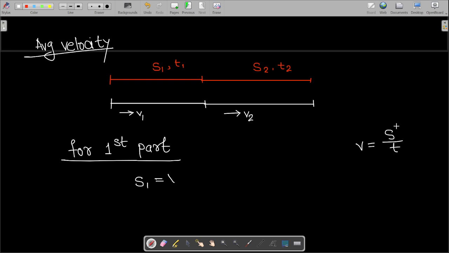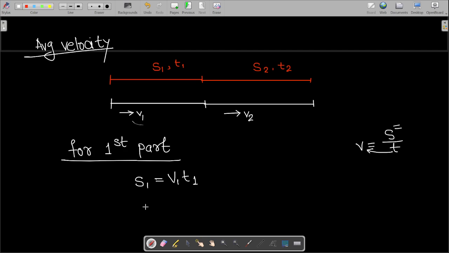So to get the displacement, you multiply v and t. Here I want to know the value of s1, so we multiply v1 and t1 to get the required value s1. Okay, v1 into t1. Understood?